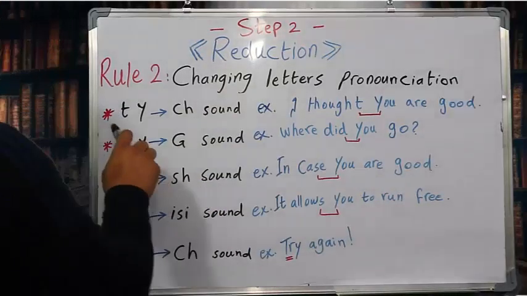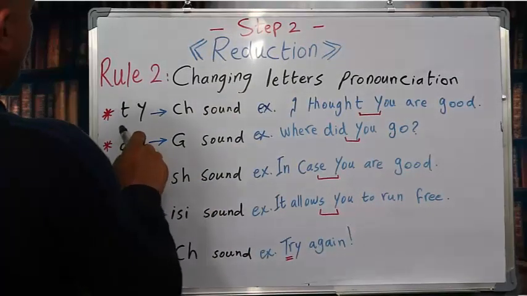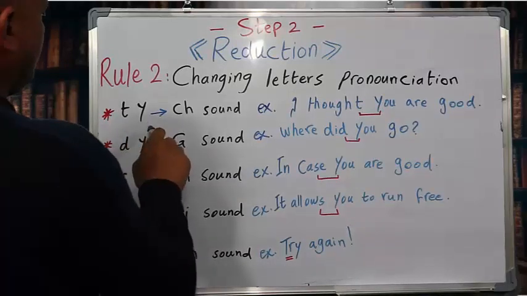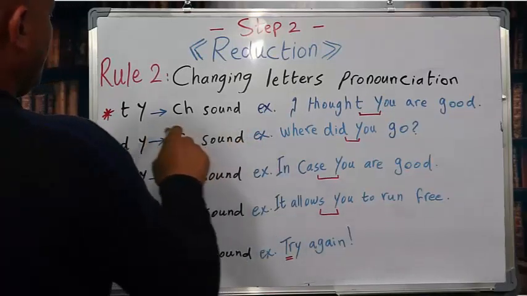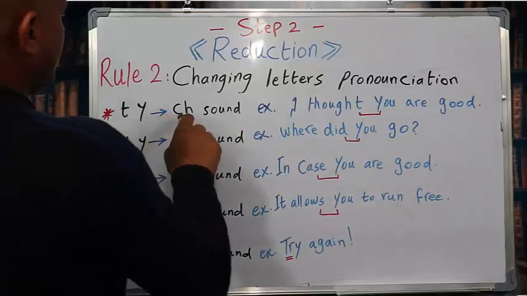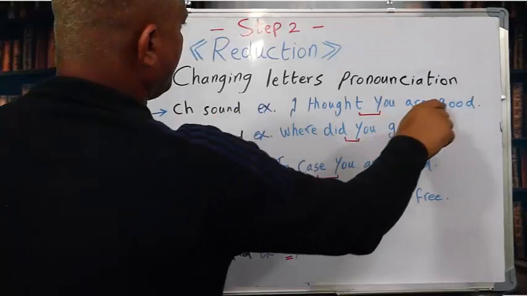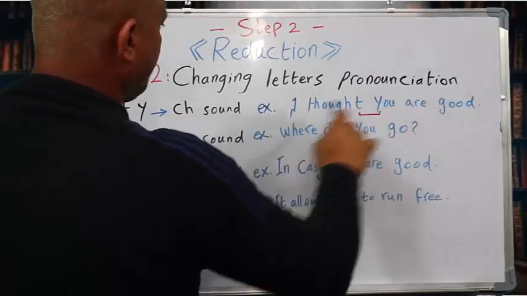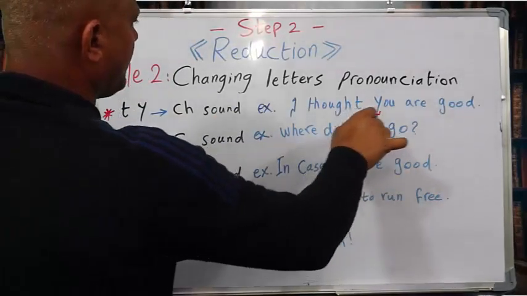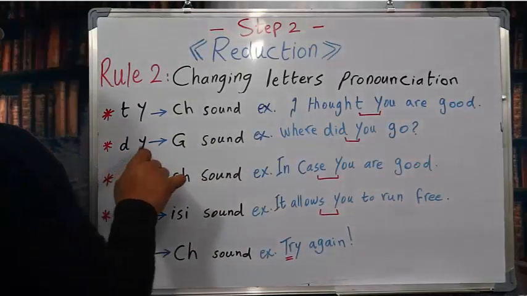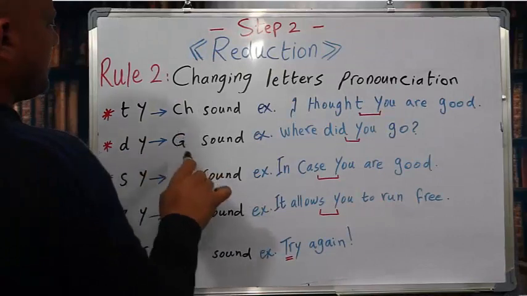And here we are again: when the letter T meets Y, it gives ch sound. For example, I thought you were good. Thought you, ch. When D meets Y, it gives J sound.